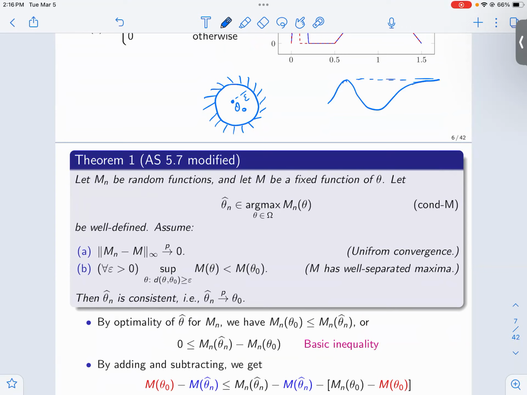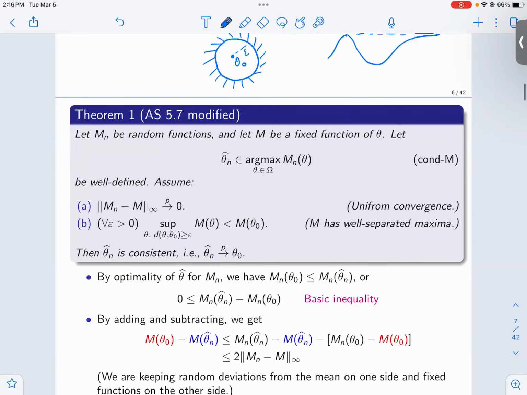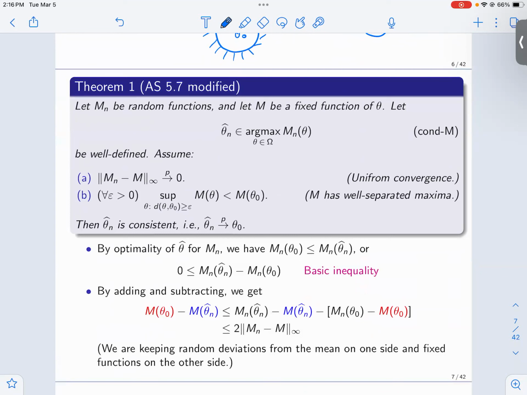But if things are compact, you can argue the result. If this function is continuous and the parameter space is compact, this condition is equivalent to theta naught being the unique maximum. So basically any maximizer, you can have multiple, but pick any one of them and it would converge to theta naught. Okay.